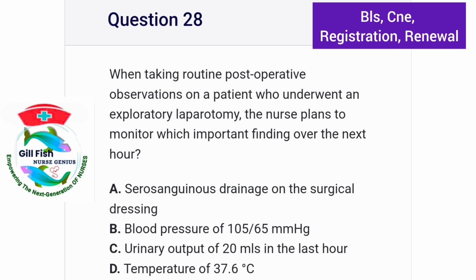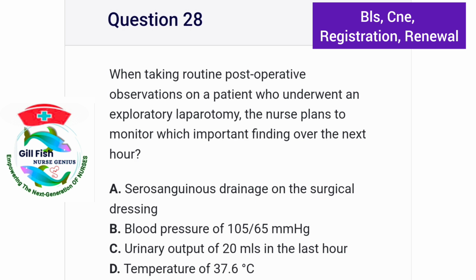Option A, zero sanguineous drainage on the surgical dressing. Option B, blood pressure of 105/65 mmHg. Option C, urinary output 20 ml in the last hour. Option D, temperature 37.6 degrees Celsius.